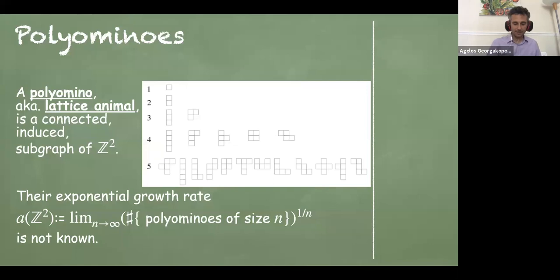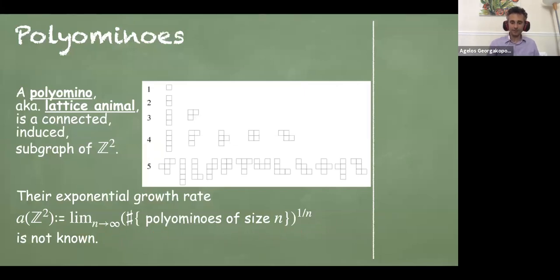And people have been interested for a long time in the counts of polyominoes of size n. They grow quite fast as n grows. They grow exponentially fast. And even for Z squared, for our standard grid, we don't know their exponential rate of growth.